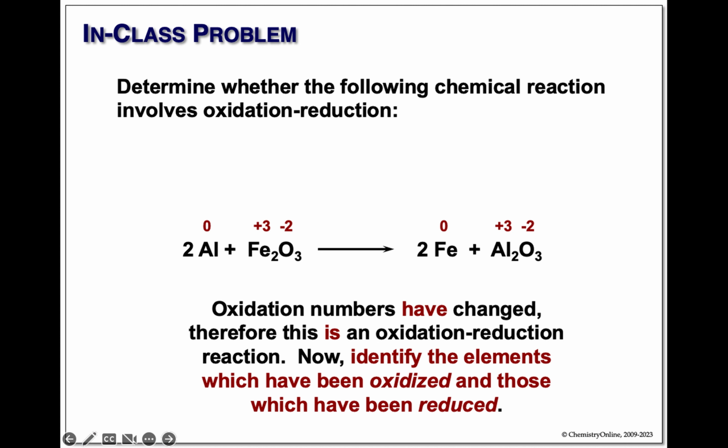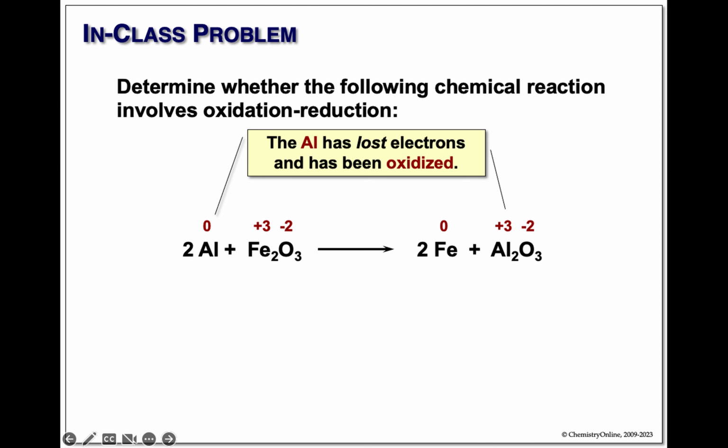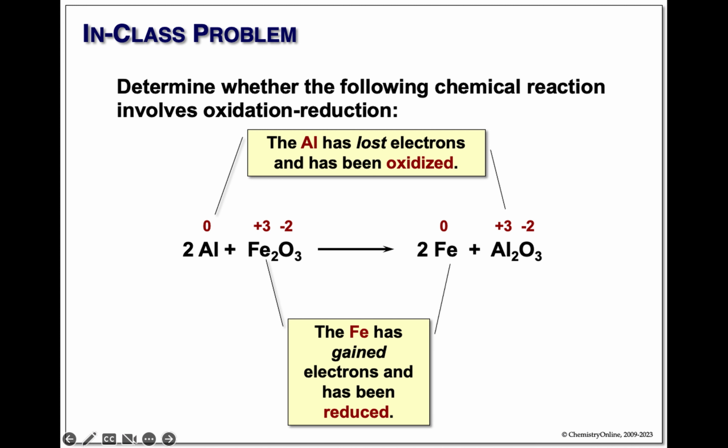You had to lose electrons to gain a positive charge, don't you? This has been oxidized. Oops, this one. Iron went from +3 to 0. That means it gained 3 electrons. Aluminum has been oxidized. Iron has been reduced.